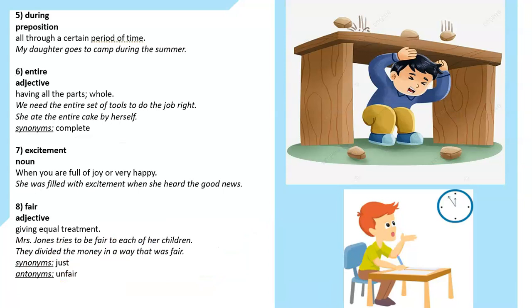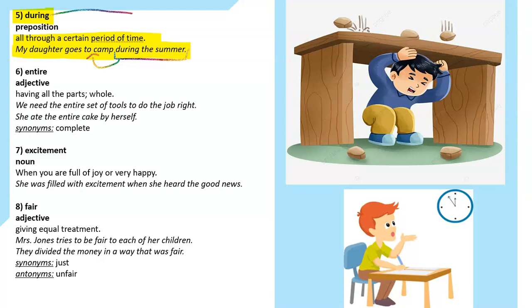Our next word is during. During means all through a certain period of time. For example, my daughter goes to camp during the summer. In this sentence, during the summer is the time that someone is doing something. It's the time that she goes to camp.